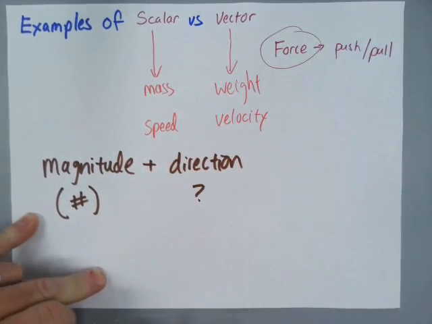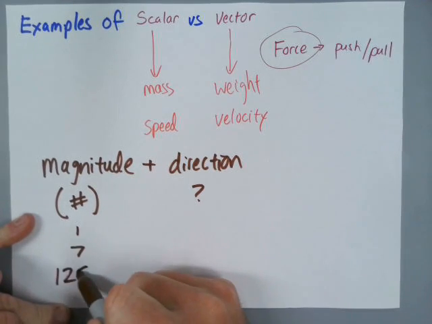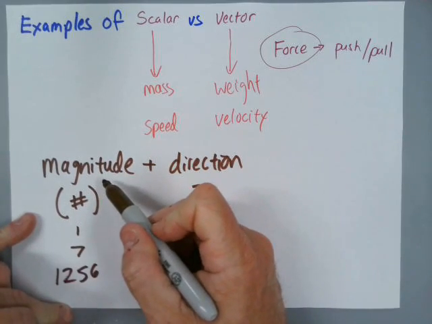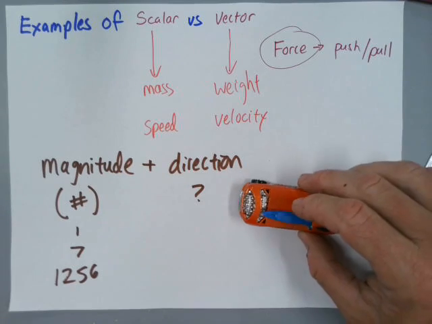The question is, how do we express direction? This is going to be a number. It's going to be 1, it's going to be 7, it's going to be 1256. It's some number. And the bigger the number, we know the bigger the magnitude. But how do we describe the direction?